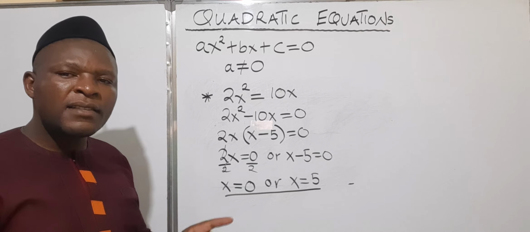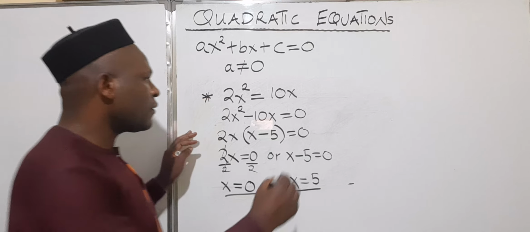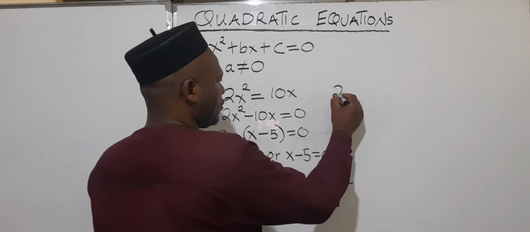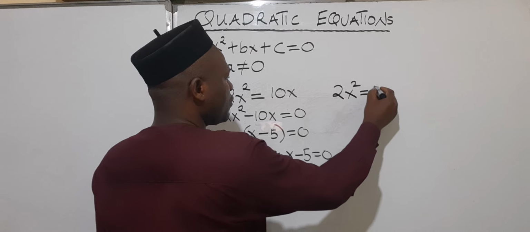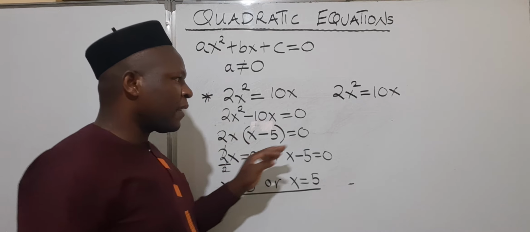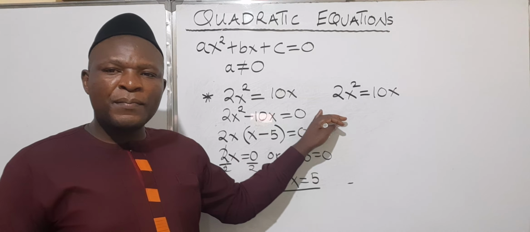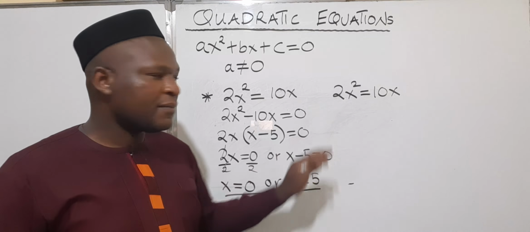What you must not do when solving an equation like this one is this: 2x squared equals 10x. Remember, it looks very simple but it is dangerous and tempting.